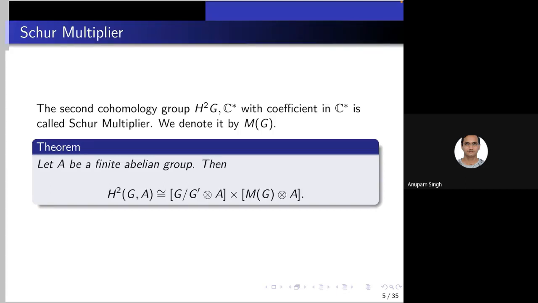There is a relation between H2(G, C star) and H2(G, A) for any finite abelian group A: H2(G, A) is isomorphic to Hom(G/G', A) direct product M(G) tensor A. So this says that if we have an idea of M(G), then we have an idea of H2(G, N), and then about the central extensions.